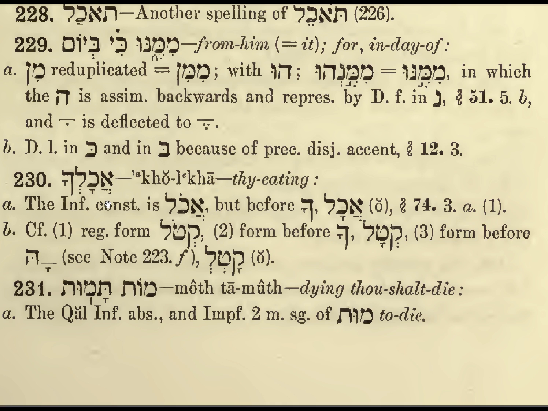Achalcha. My apologies, this here is a closed unaccented syllable. Acholcha. So here we have cholcha. You're eating. The infinitive construct is achol.